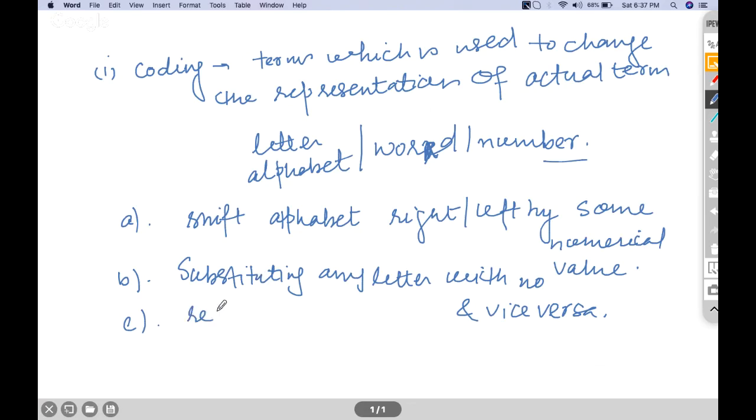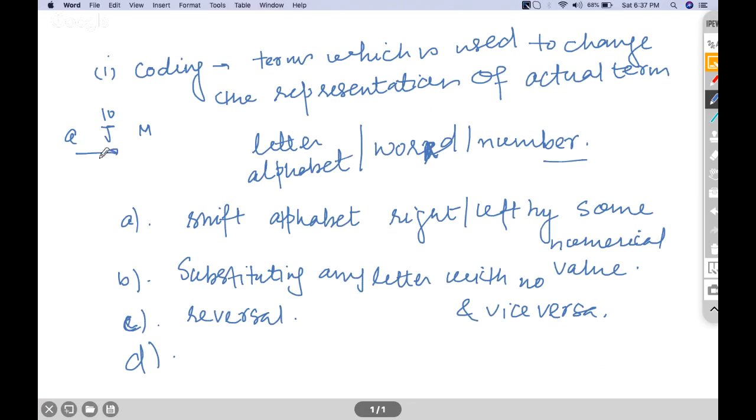Then reversal. So you take an alphabet and reverse it. Then suppose I start from A and I go till J. J is the 10th letter from the beginning.